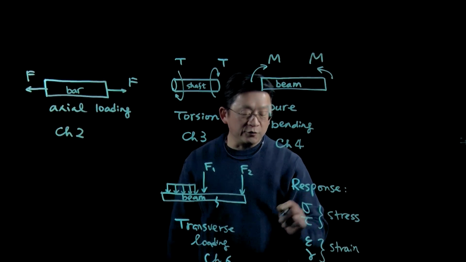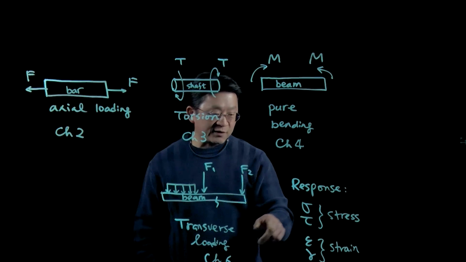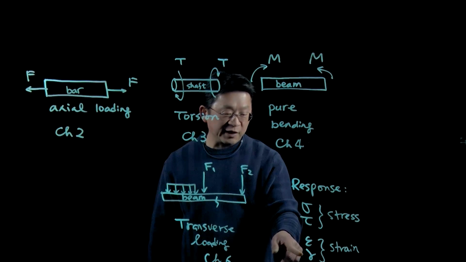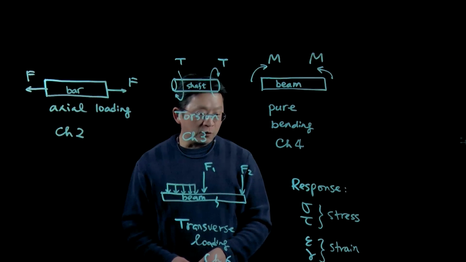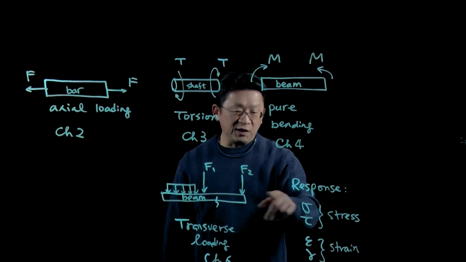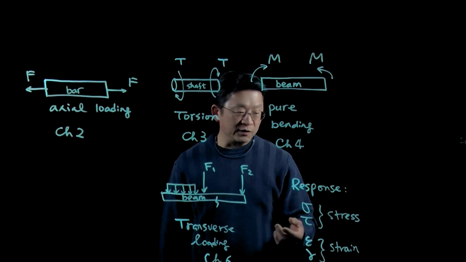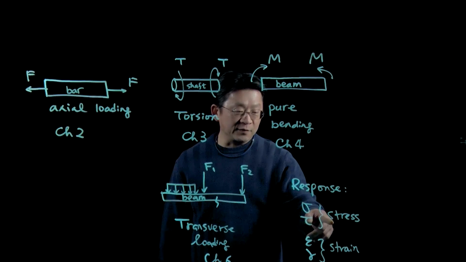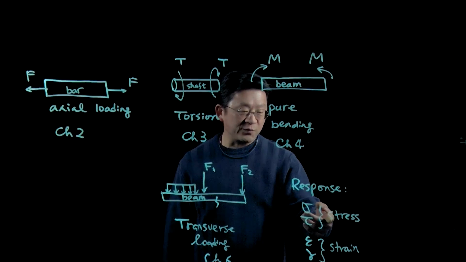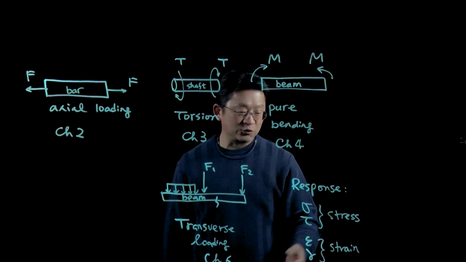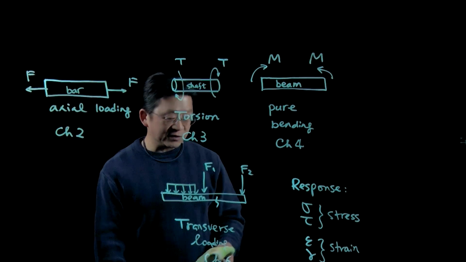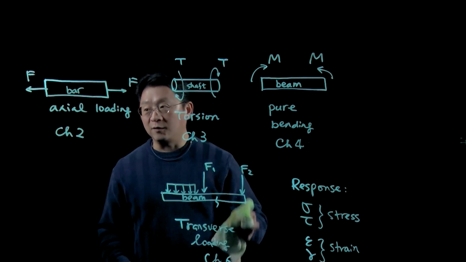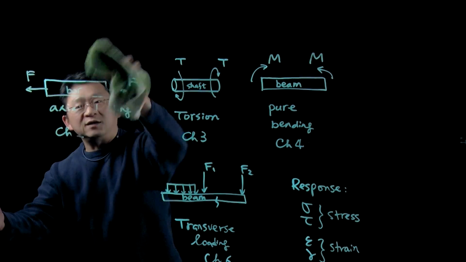Here I just wrote the symbols we use in our textbook, and later I will give you the details for each one. When we study the response of each material model to loading, we are concerned about the stress and the strain of a certain material under a certain type of loading, and that is the major focus of this class.